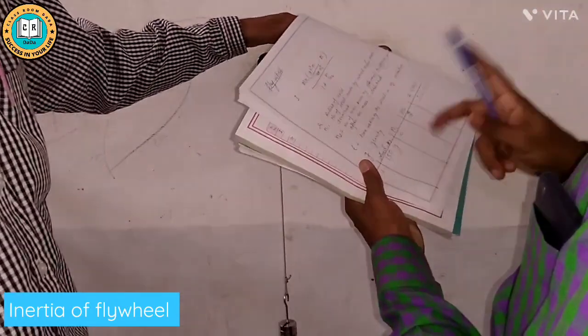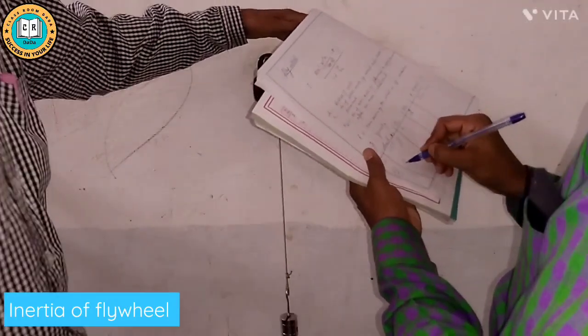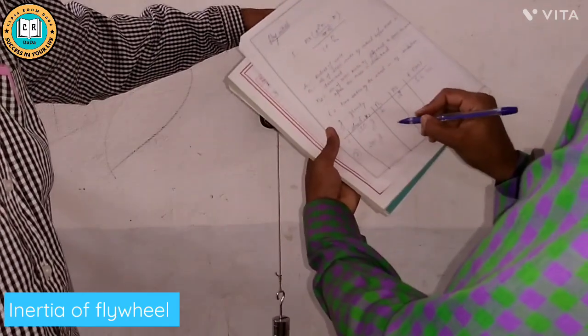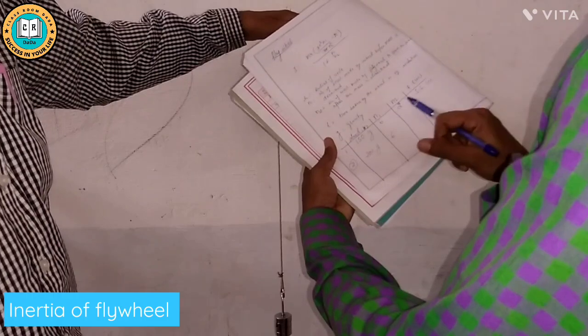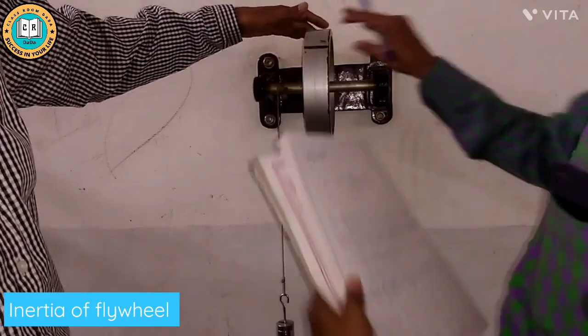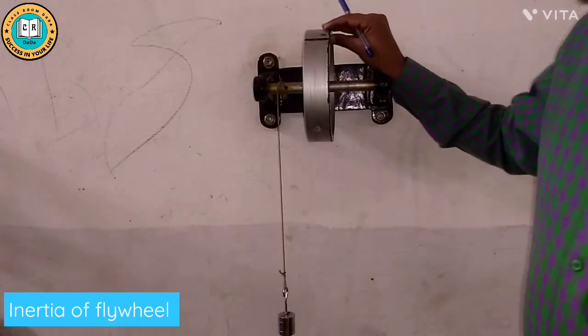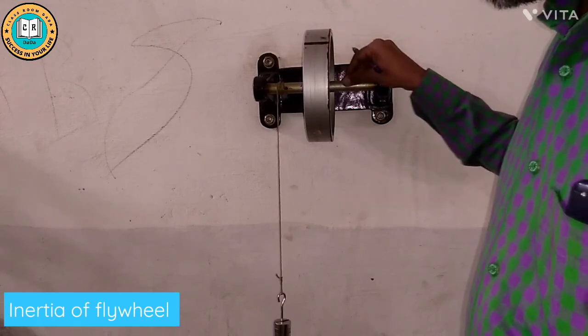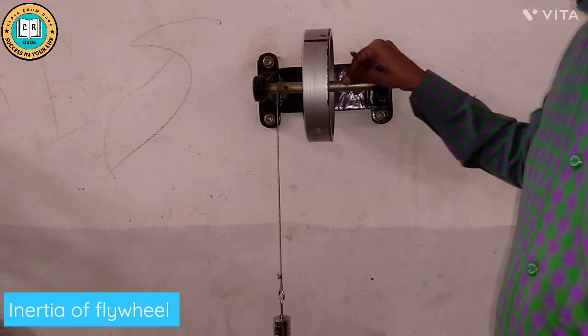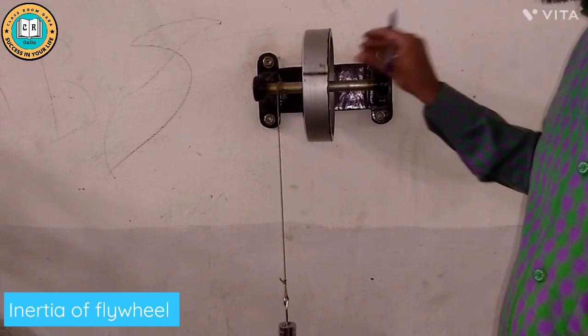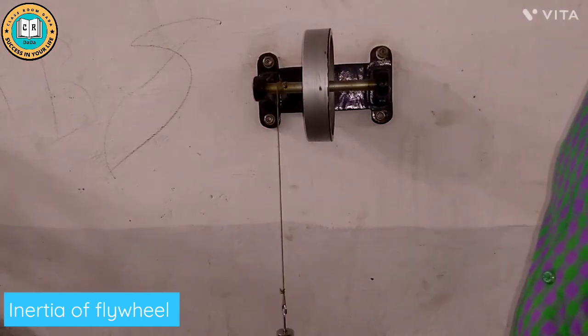Again, we have increased the weight. The suspended weight is 200 gram. N1 revolutions we have set as 6. We will note N2 and the seconds. Okay, so we can start.